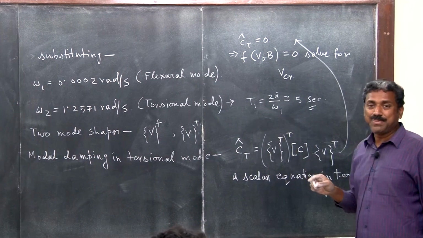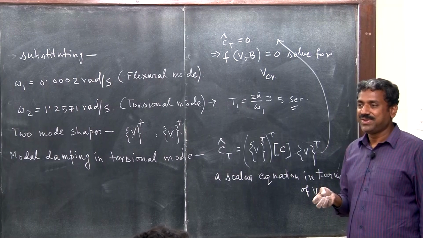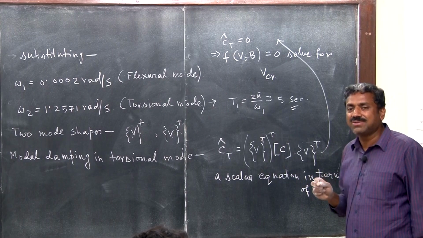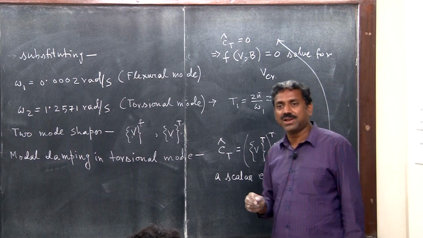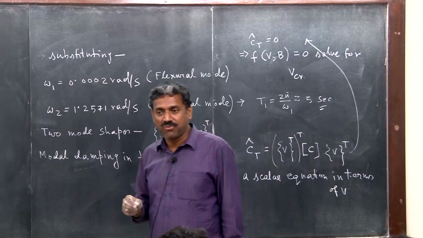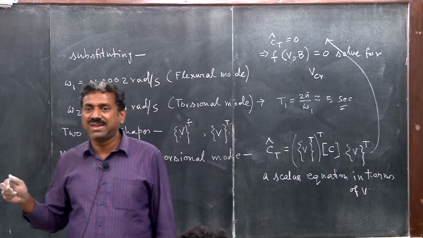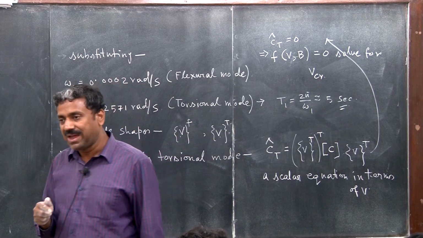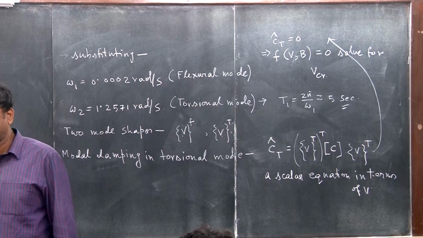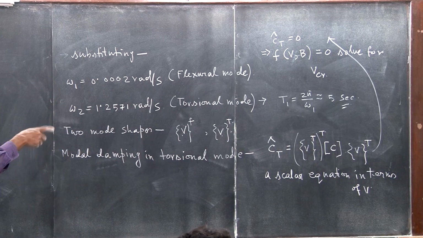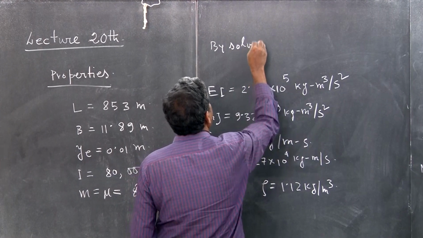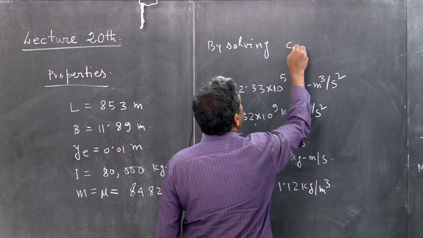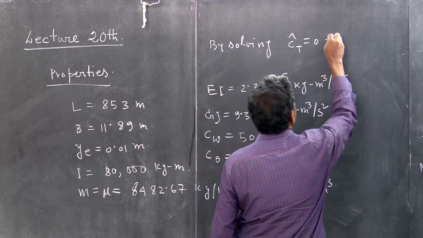When the modal damping is 0, find out the respective wind speed at which modal damping for the torsional mode crosses 0, because after that it goes from positive damping to negative damping, and then it will trigger unbounded response, right? So by solving C_T equal to 0, you will get V_CR.